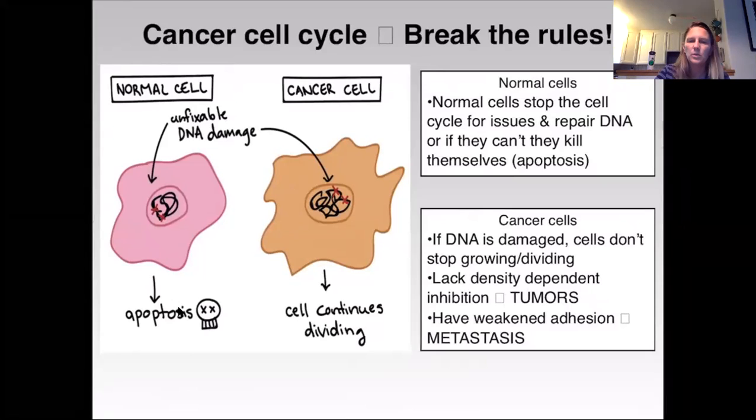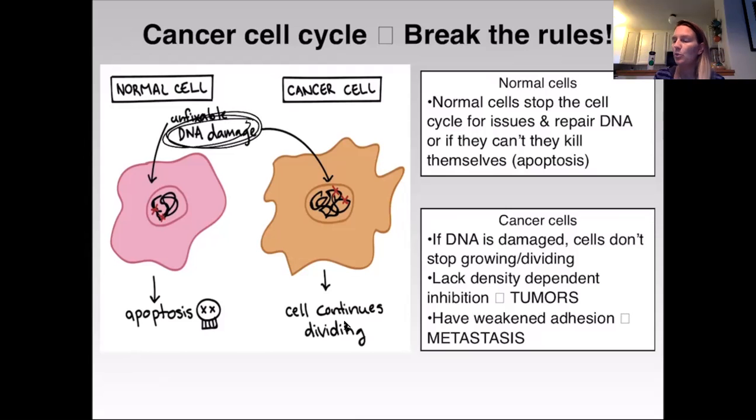Okay, so we're right here on the cancer cells and how they break all of the rules, right? Again, normal cells, if there's a problem with their DNA, like DNA damage or some issues, will try to fix it.